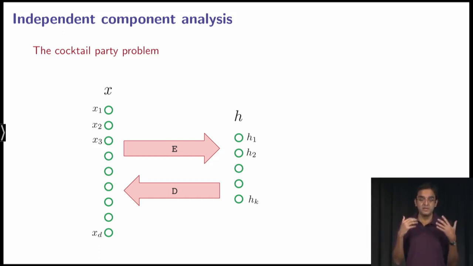What we're hearing is a mixture of all these different threads of conversation. How are we able to sort these out and somehow focus on just one conversation? Maybe the person we're speaking to, or maybe some other conversation somewhere else in the room that we're interested in. How do we unmix all of these conversations?